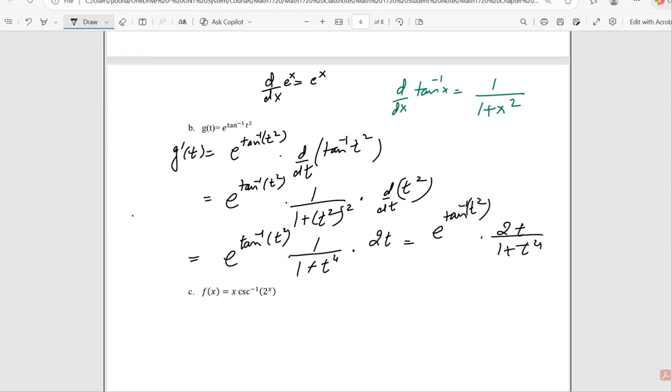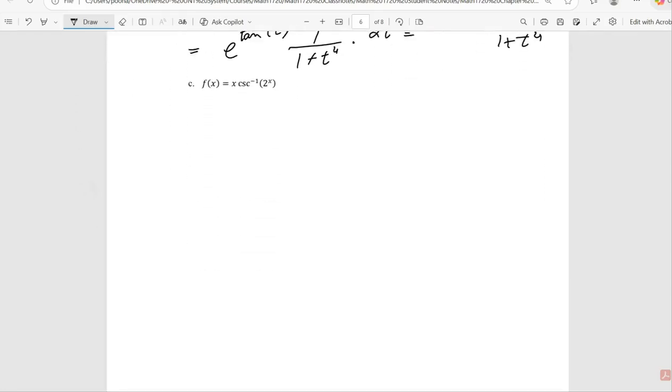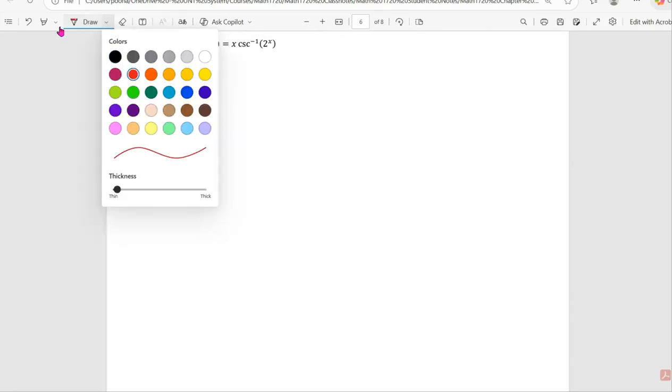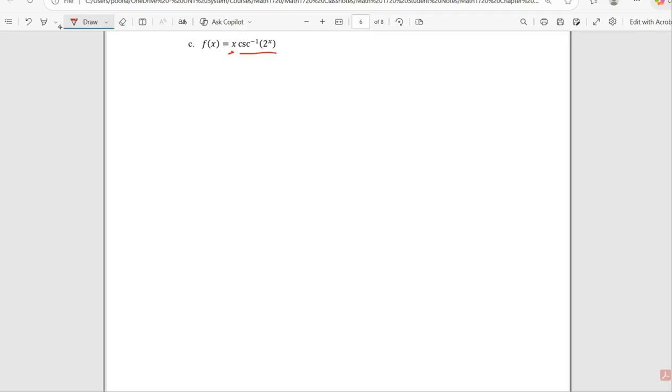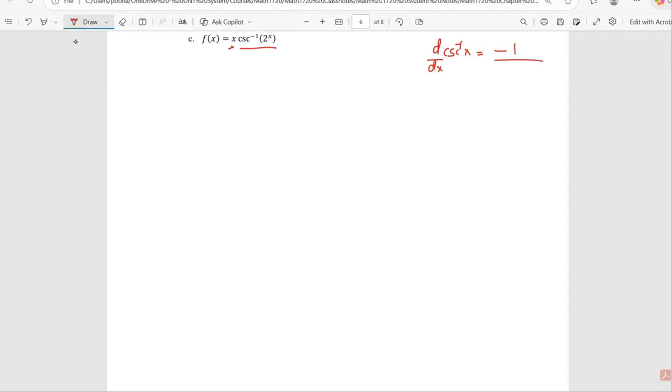So that was using the new rules along with exponentials and the chain rule. Let's look at this one. If you notice, this is a product of two functions. Let's remind ourselves of the rules we're going to use. The derivative of cosecant inverse x is negative 1 by x times square root of x squared minus 1, and the derivative of a to the power x is a to the power x times log of a.